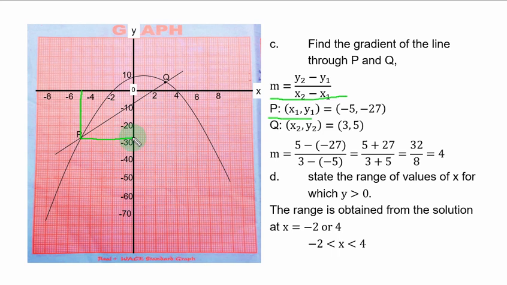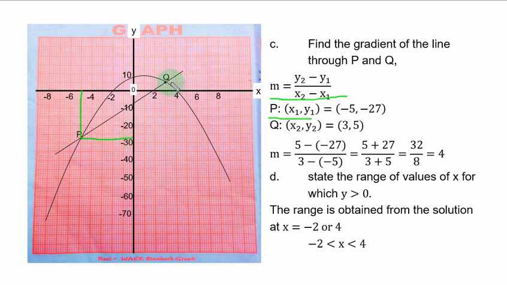-27. Now on the y-axis, the scale is 2 cm to 10 units. What it means is that one line is 1 unit. So if you trace from -20 to this point here, you have -27.